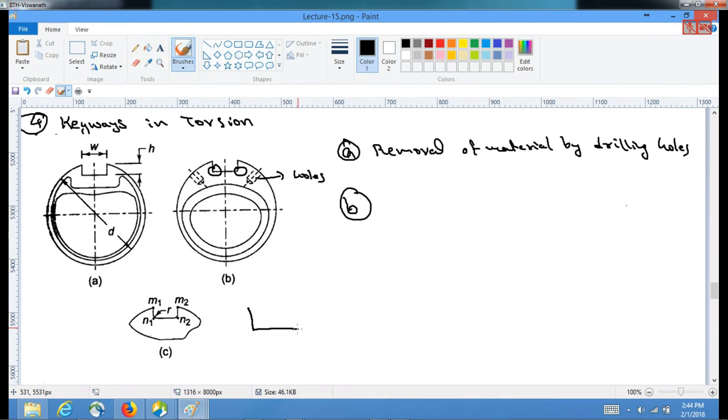So here it is like this. So you can change these portions which are abrupt by creating a fillet radius at the corners. So in both the ways one can reduce stress concentration factors.